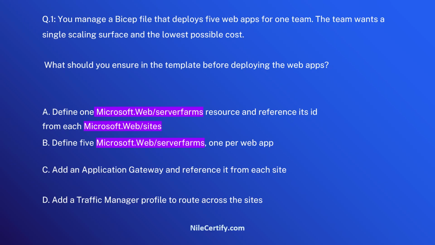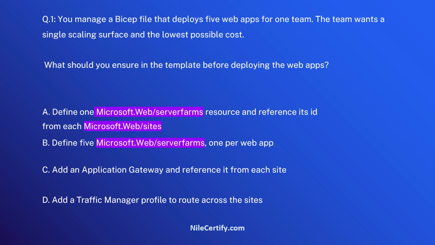A. Define one serverFarms resource and reference its ID from each Microsoft.Web/sites. B. Define 5 Microsoft.Web/serverFarms, one per web app. C. Add an application gateway and reference it from each site. D. Add a Traffic Manager profile across the sites.